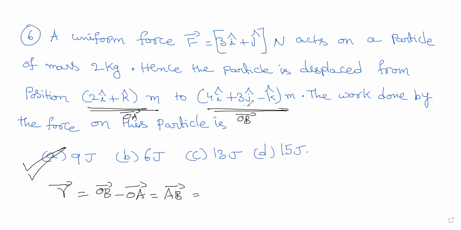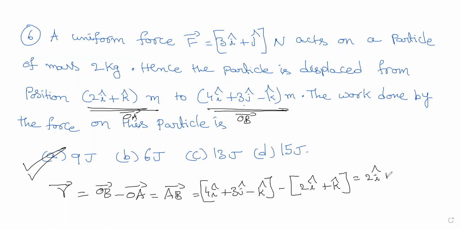So that is 4i cap plus 3j cap minus k cap minus 2i cap plus k cap. So 4 minus 2, that is 2i cap plus 3j cap minus 2k cap. We got the displacement vector. The force vector is there, F bar 3i cap plus j cap.